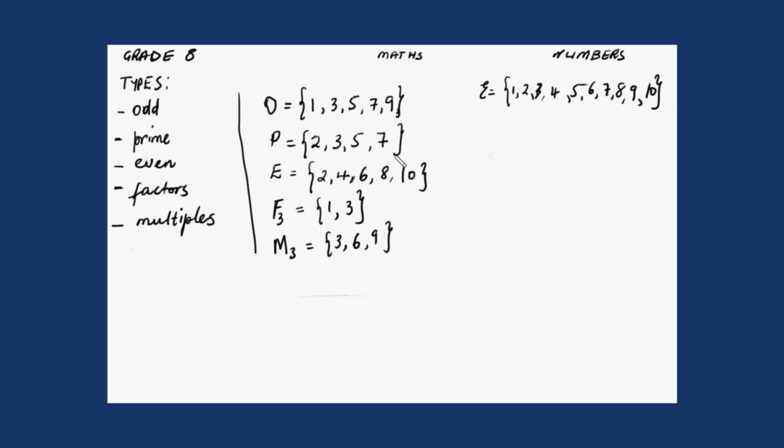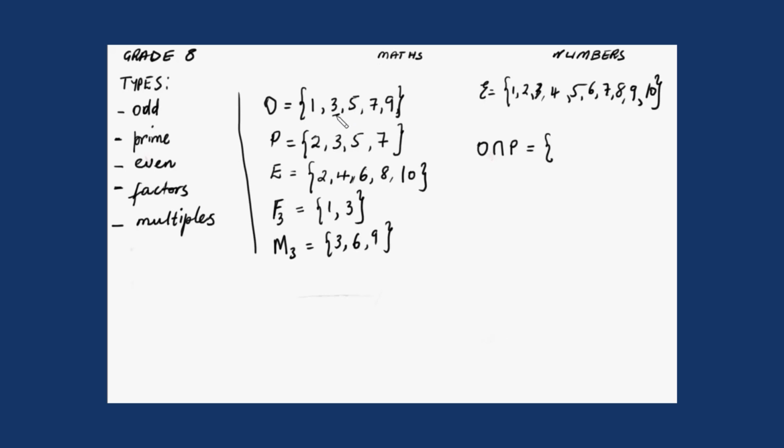Now, if you want to show this in the Venn diagram, let's get a simple task: O intersect P. If you want to list those elements, the elements that are common between set O and set P, which are they?